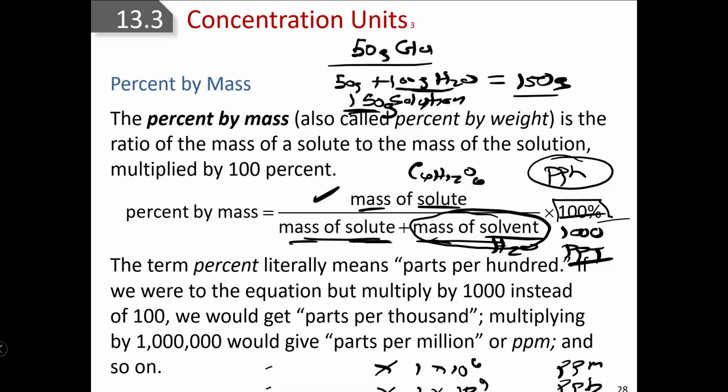We are going to use all of these units, and you are going to have practice converting from molarity to molality to percent mass, and then parts per hundred thousand, million, or billion. So there's going to be plenty of problems for you to manipulate these concentration units to become fluent in writing concentration and calculating it.